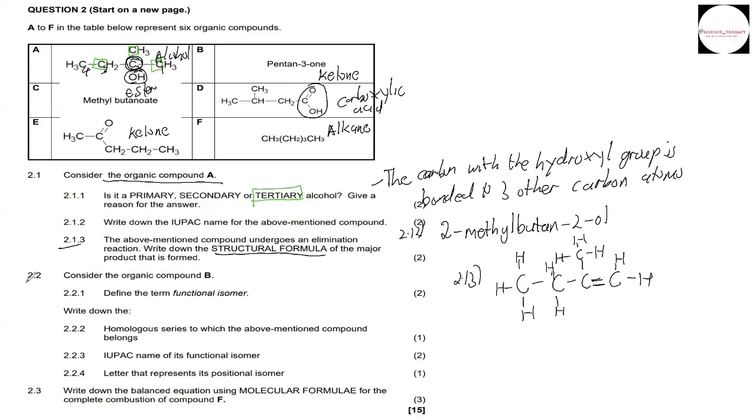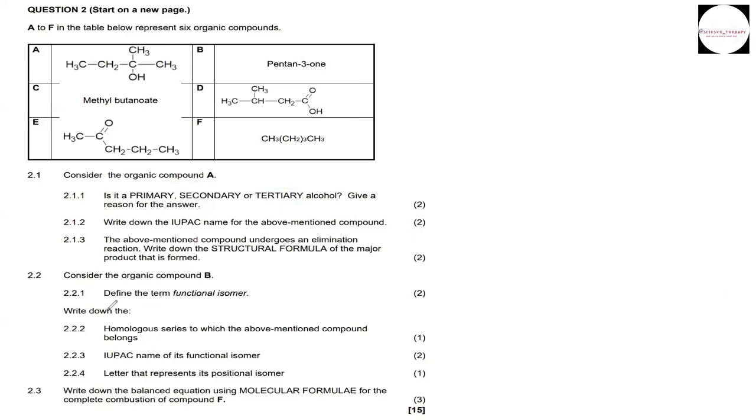Then let's proceed to 2.2. It says, consider the organic compound B, define the term functional isomer. So 2.2.1, what is a functional isomer?